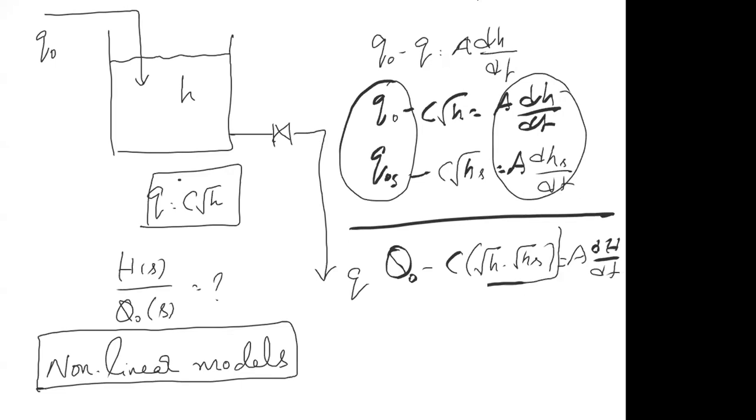So this is a problem. You can't combine it into a deviation variable. If you write Q naught minus C into root H minus root Hs equal to A into dH by dt, you can't derive the transfer function, no? Then what do you do?